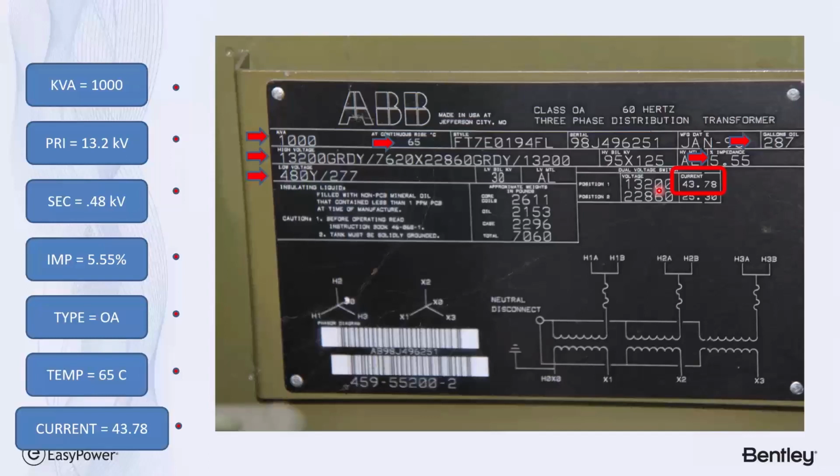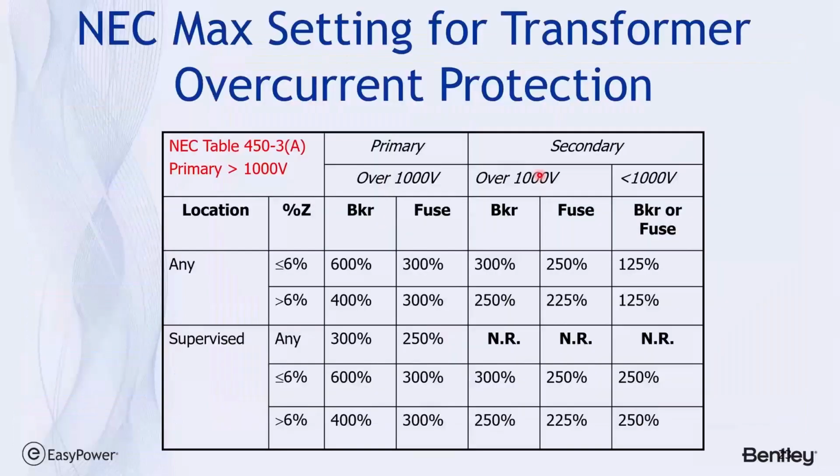Having this digital image can be associated with the project in EasyPower, and we're going to walk through selecting a fuse for this particular transformer. So we're looking at less than 6% impedance ratio.